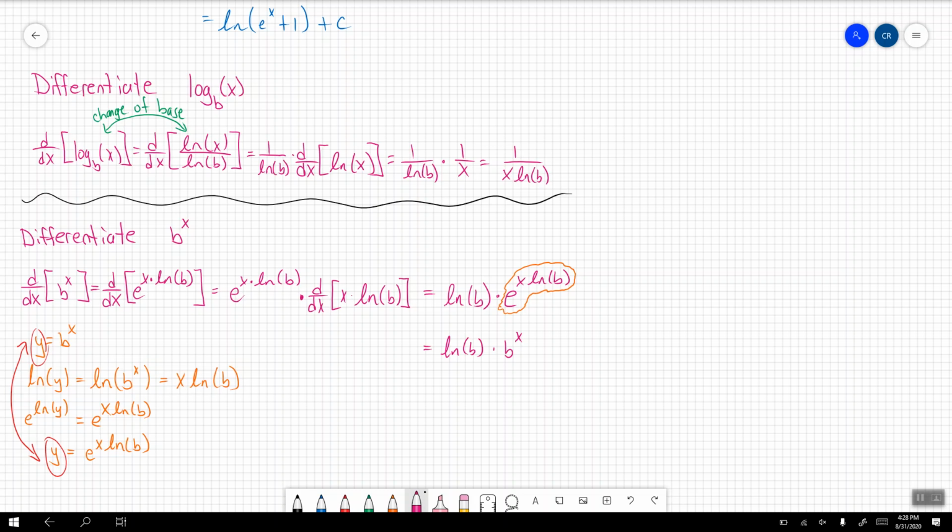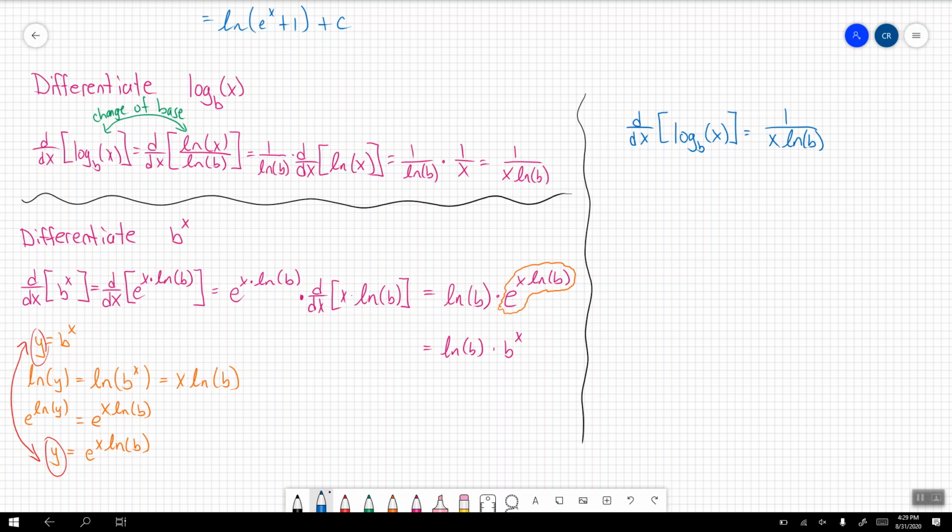Okay, now I am going to summarize those on the right-hand side of the screen. And that summary is going to say that when we look at the derivative with respect to x for logarithm base b of x, then that's going to get us 1 over x times natural log of b, natural log of the base.